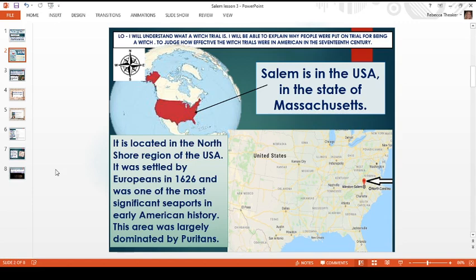It was settled by Europeans in 1626. It was one of the most significant seaports in early American history. So you can see here that along this part is the east coast of America. So when Europeans decided to leave their original country and immigrate to the Americas, or the New World as they called it then, this is where they landed first, obviously because they were coming by boat and not by plane.